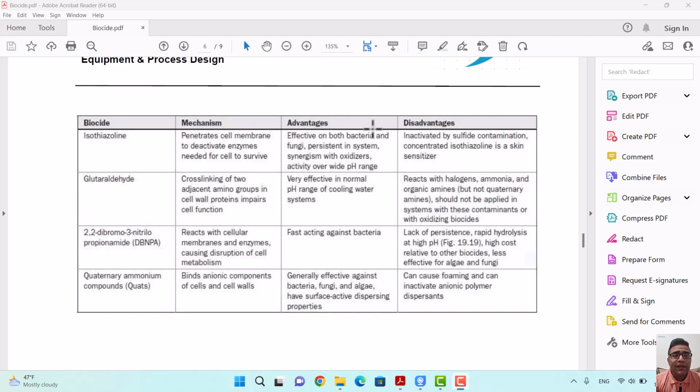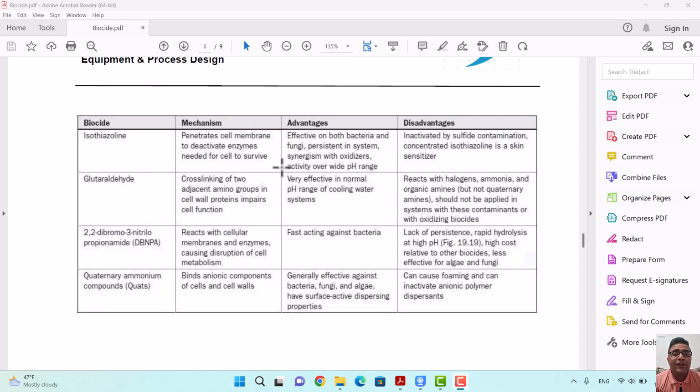Based on this, and of course, I've used isothiazoline for more than 3 years for my cooling water systems. Whenever I want to use it, I use it with oxidizers such as calcium hypochlorite. Why? Because it has a great synergism with oxidizers.